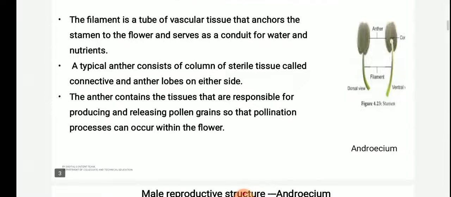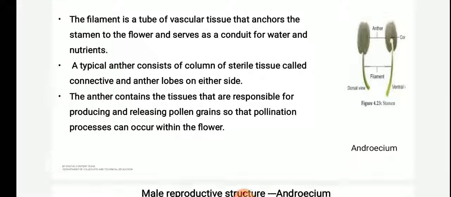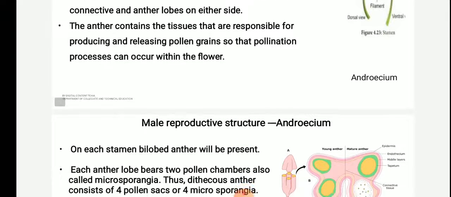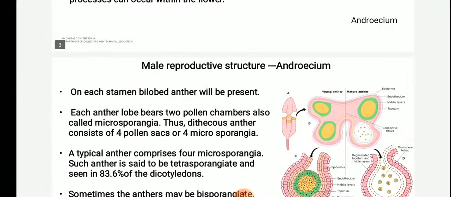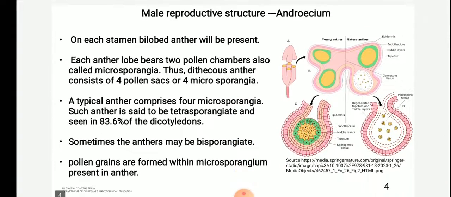The anther contains the tissues that are responsible for producing and releasing pollen grains so that the pollination process can occur within the flower. So andrecium has filament, connective and an anther. Let us now go into the development of the andrecium.